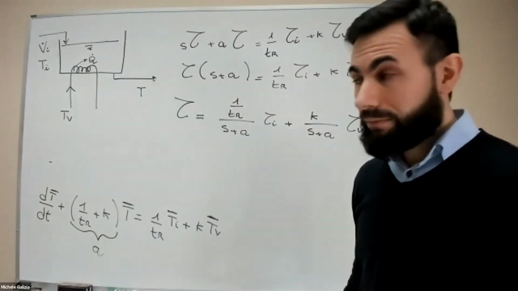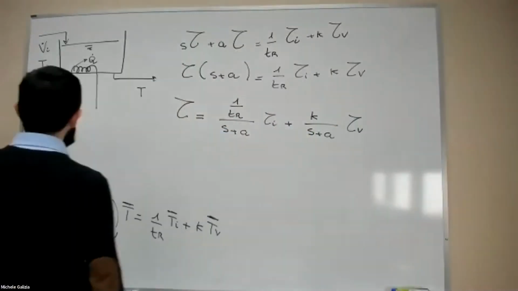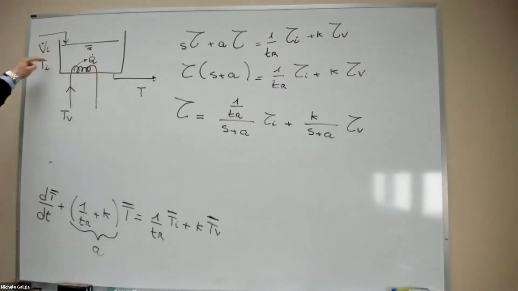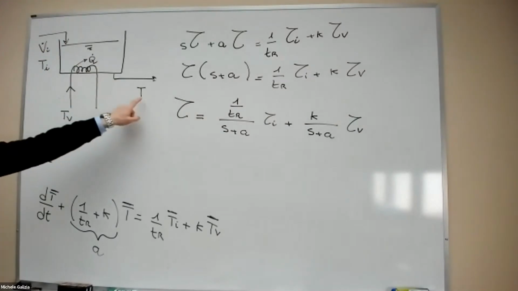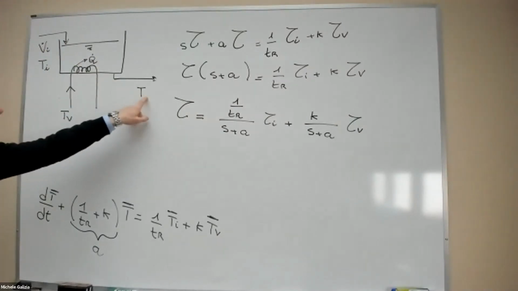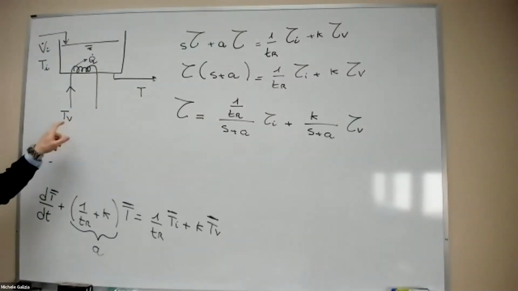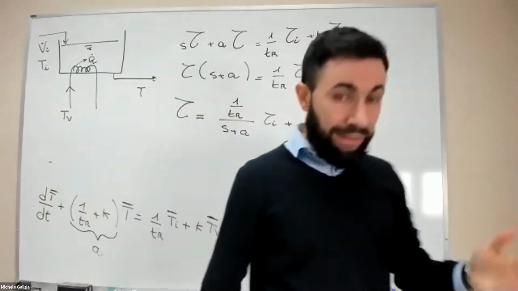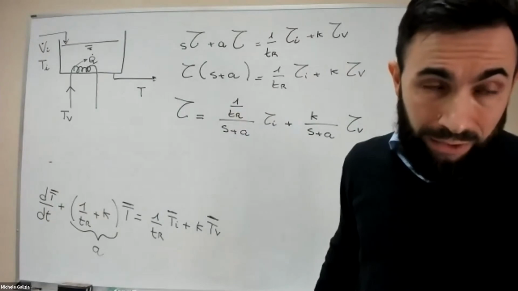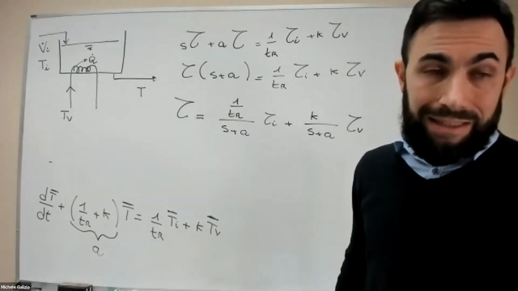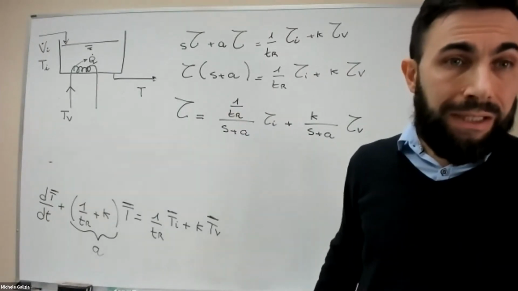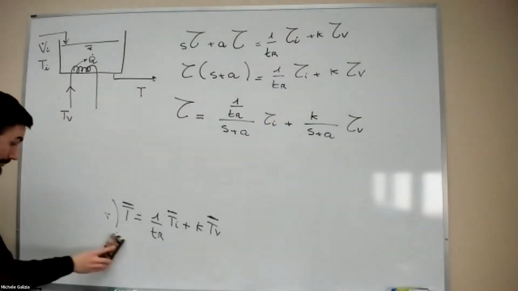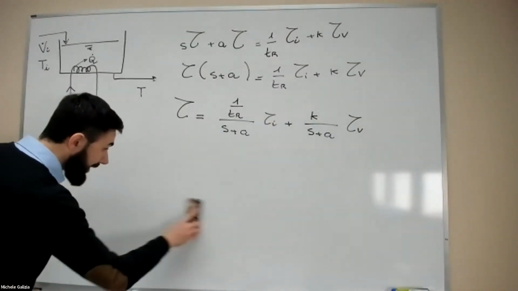Two. One that relates the output T to the inlet temperature, and one that relates the output to the vapor temperature. So if we have n inputs, we have n transfer functions, each one relating the output to the specific input. So just guys, make sure you study day by day.